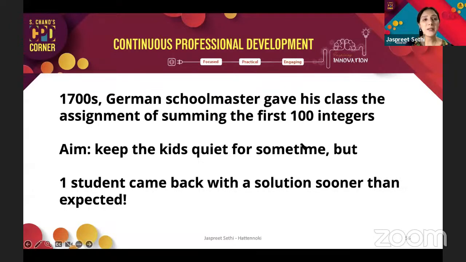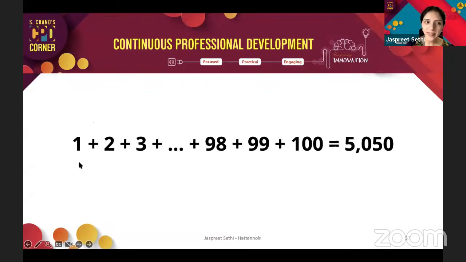His aim was to keep his kids quiet for some time, but one student came back with a solution sooner than expected. And guess what? That was the sum of an arithmetic series, 1 to 100. And how did he figure that out?